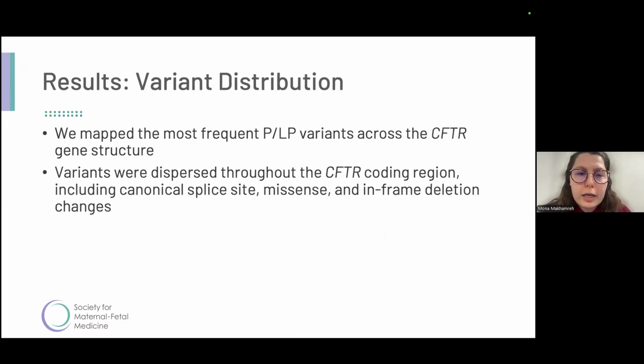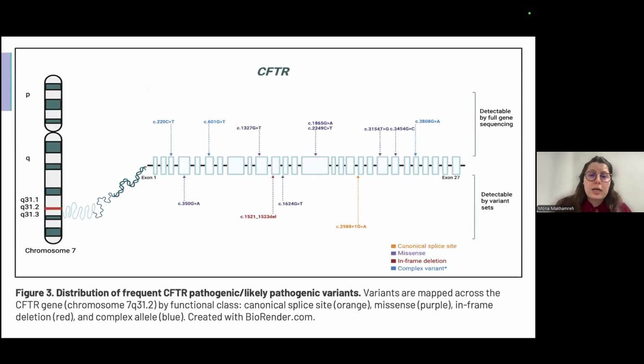To further elaborate on those specific common variants, we mapped the most common variants across the CFTR gene structure, and we noted how the variants were dispersed throughout the CFTR coding region, including canonical splice site, missense, and in-frame deletion changes. In this figure, you can see the CFTR gene, which is located on chromosome 7 at the q arm of the chromosome.